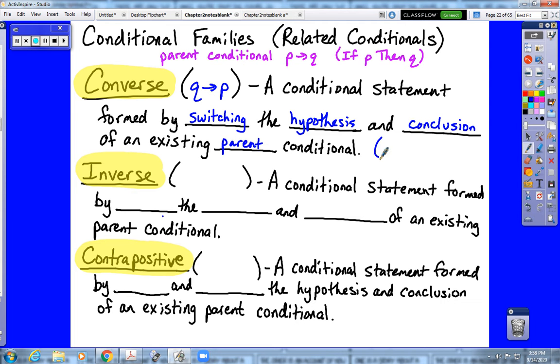In other words, it is the statement if Q, then P. So we're simply switching the hypothesis and conclusion of the original parent conditional.